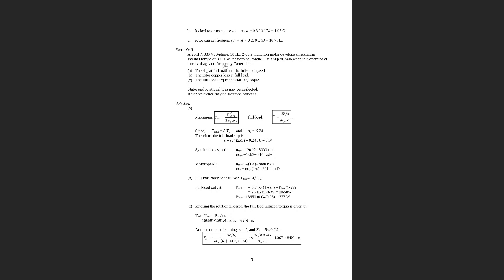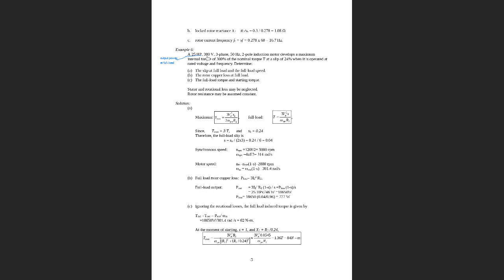So first, this motor has a nominal, or full load, or rated output power of 25 horsepower. That's what I mean: 25 horsepower is the output power at the full load case.